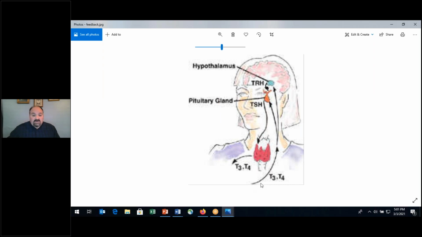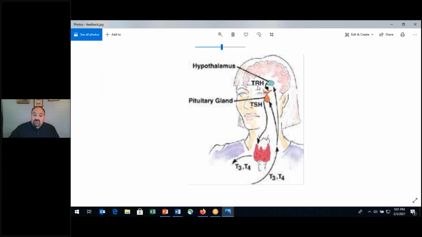So when there's high enough levels, that information will go to both of these aspects of the loop, and via negative feedback, we will reduce the amount of hormone that's being sent out, and in turn decrease the amount of hormone that's being produced because the levels are at a good level, okay?